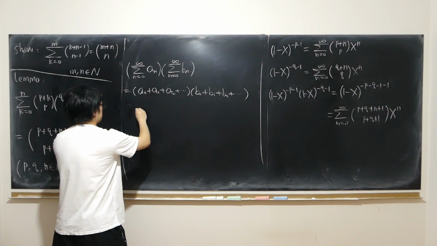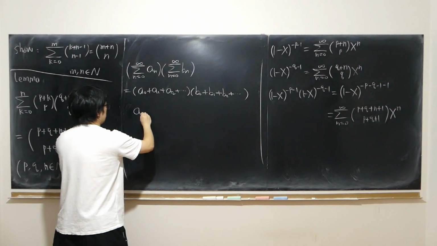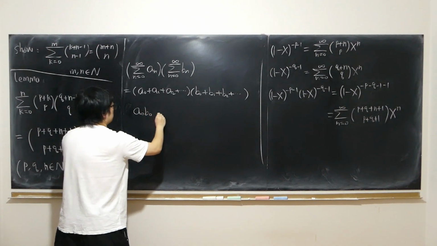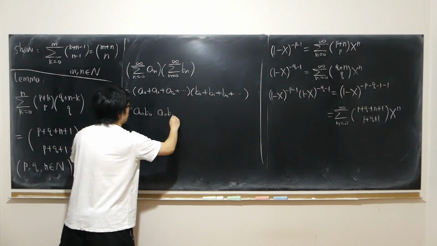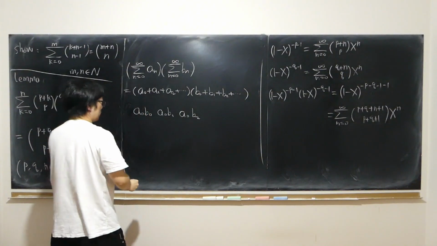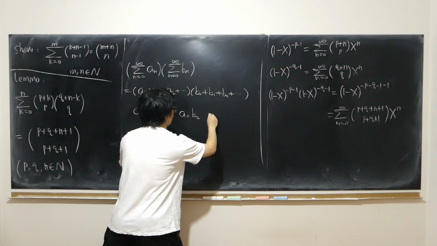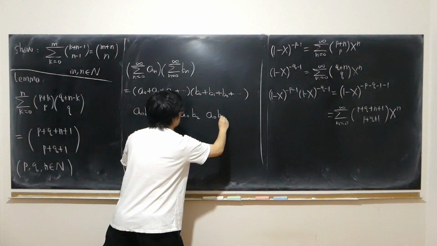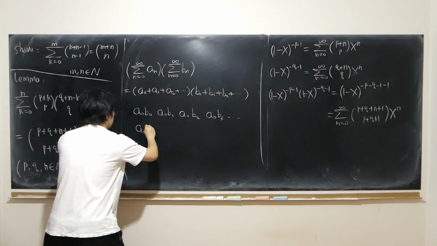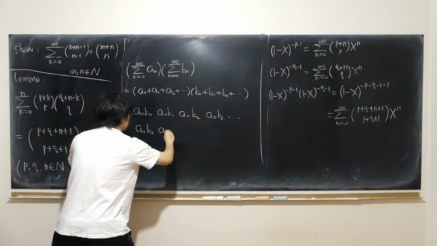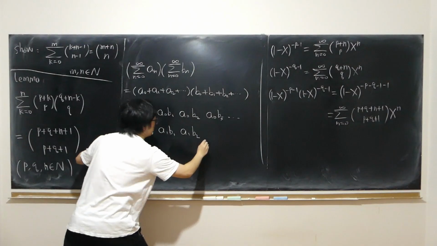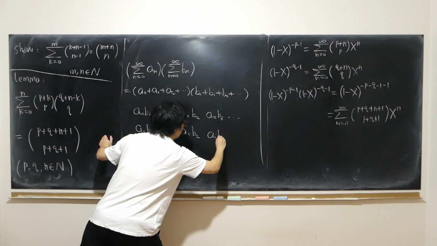So it's just like an infinite matrix. A naught times B naught, A naught times B1, A naught times B2, A naught times B3. A1 B naught, A1 B1, A1 B2, A1 B3.